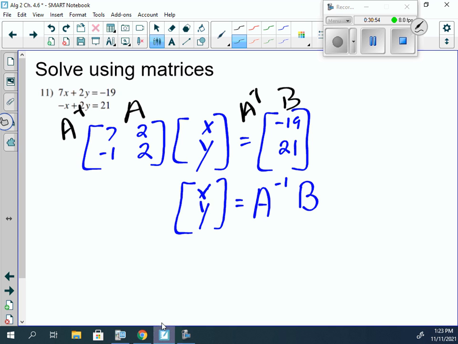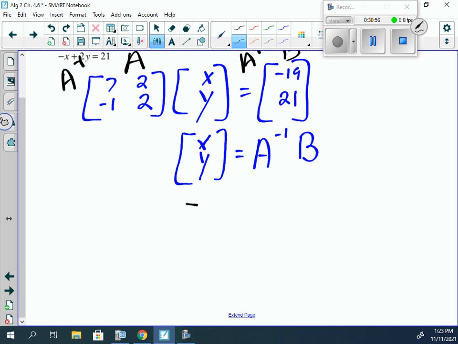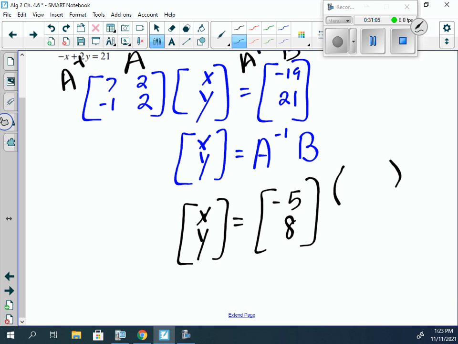So that's telling us, scroll down a little bit, xy is equal to negative 5, 8. So the value of x is negative 5, and the value of y is 8. And that's it.